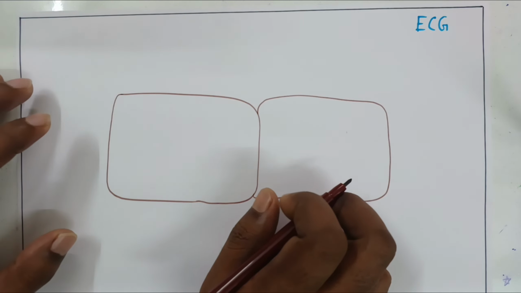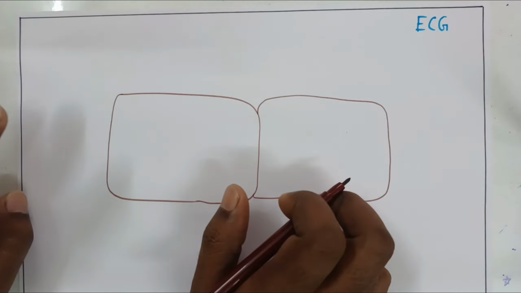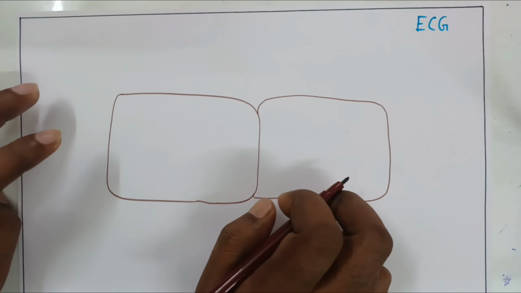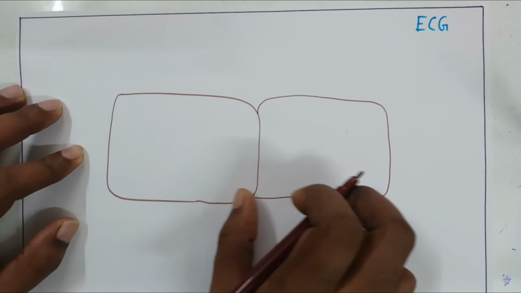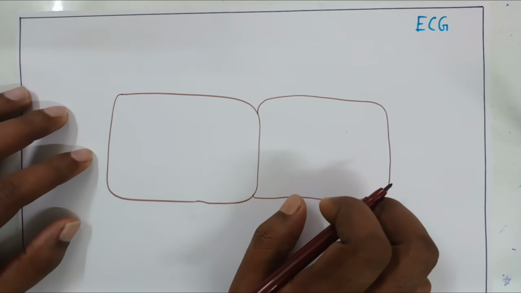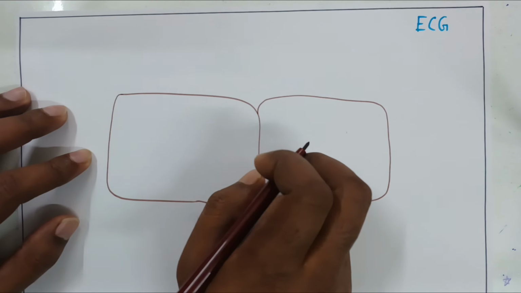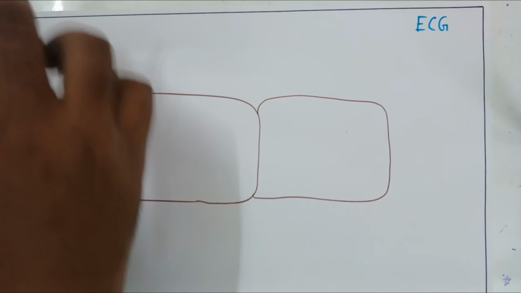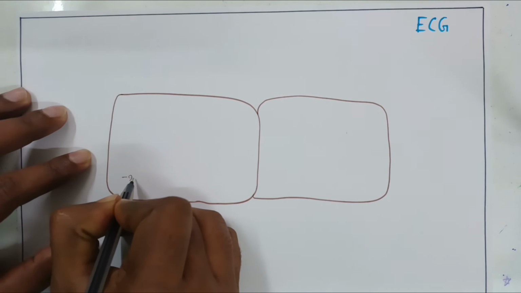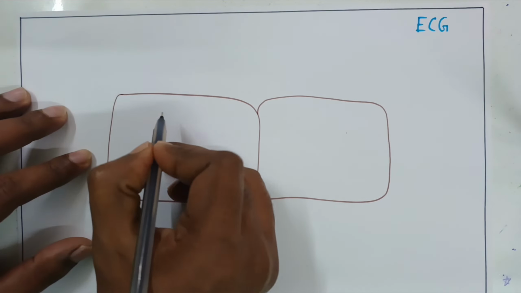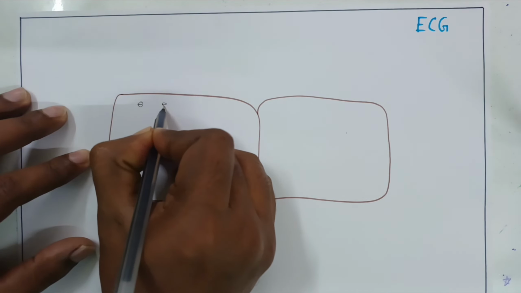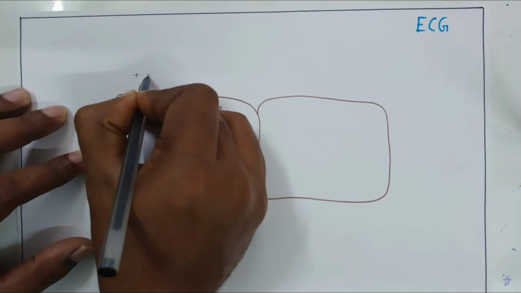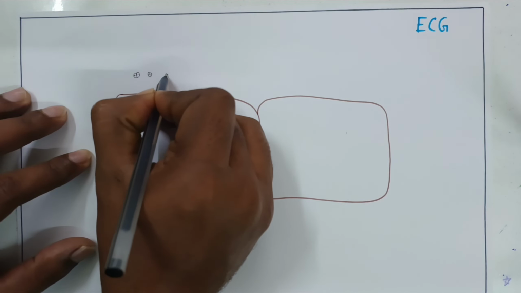So let's understand the generation of action potential and the propagation of action potential across these ventricular myocardial cells. At first, you know that the resting membrane potential of this ventricular myocardial cell is about minus 90 millivolt. So lots of negative ions are there inside these ventricular myocardial cells, and lots of positive ions are outside these cells.